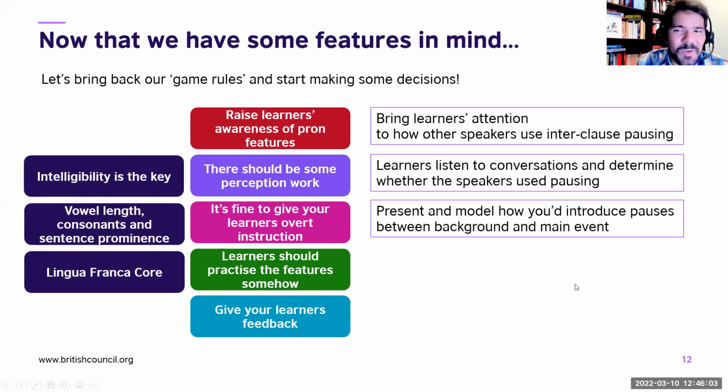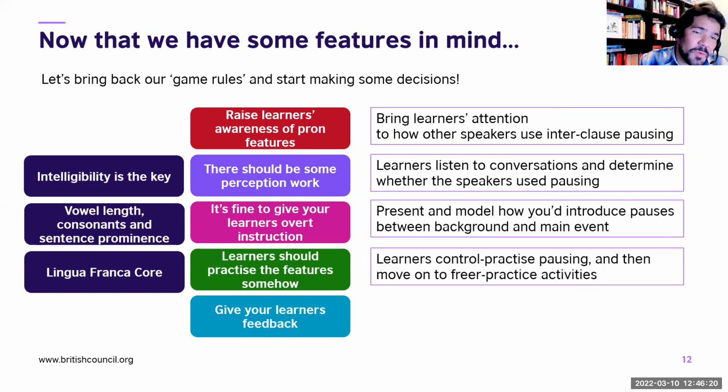Present and model how you would introduce pauses between background and main event. So this is the explicit instruction. Show it, model it, do it, play a recording, play the video.